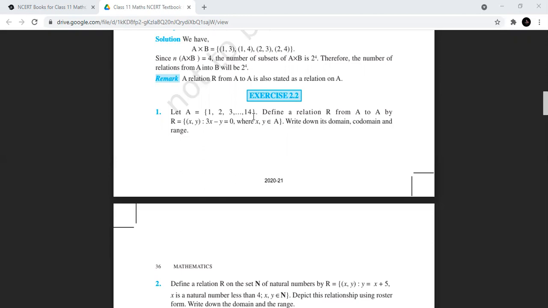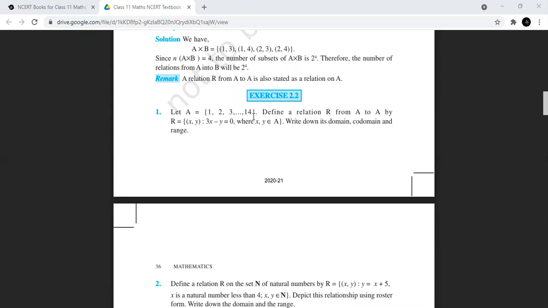You have to put it in roster form first, and then you'll be easily able to trace your domain and codomain and also the range. So for doing that, you can write this equation in a simpler way. We can take y to the other side, so it comes out as y is equal to 3x. Now x, children, domain is x. You can pick up the elements from set A, that is 1, then you can put 2, then 3, 4, 5, 6.